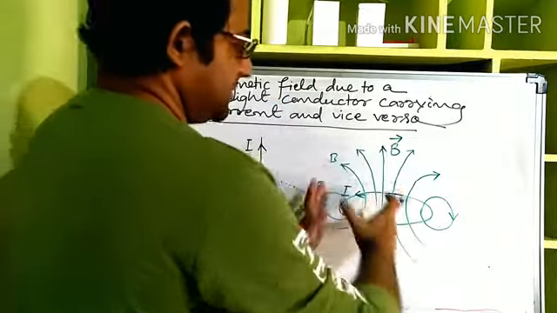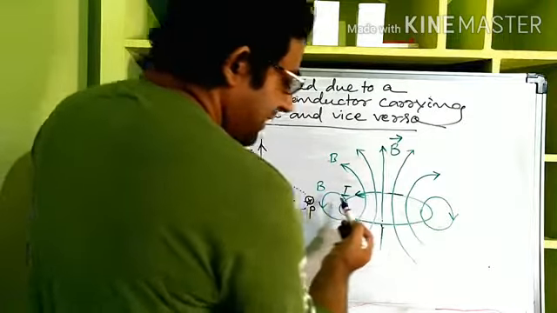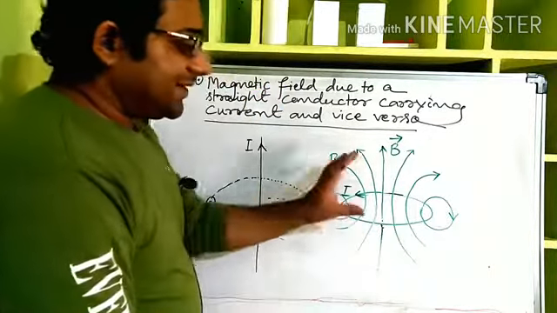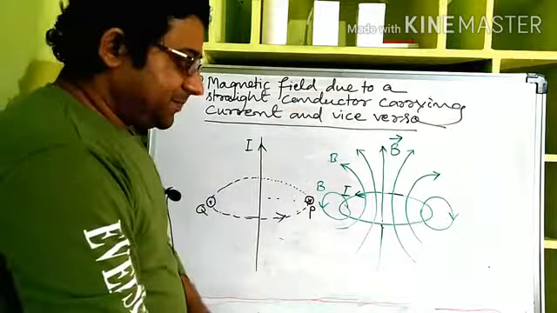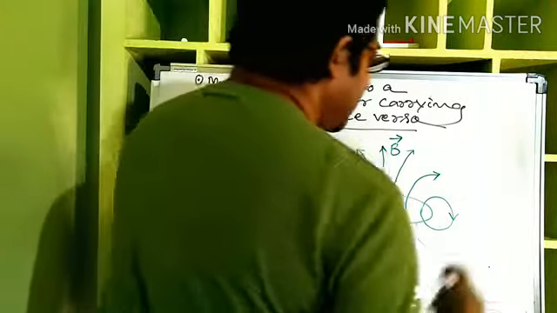So it is B. B is going like this. Now, if a current is carried in a circular coil, it acts like a small bar magnet. From your earlier classes, you have done this kind of experiment already.